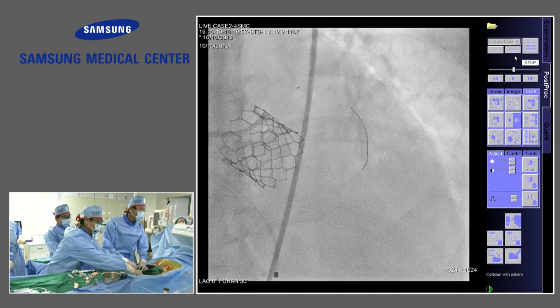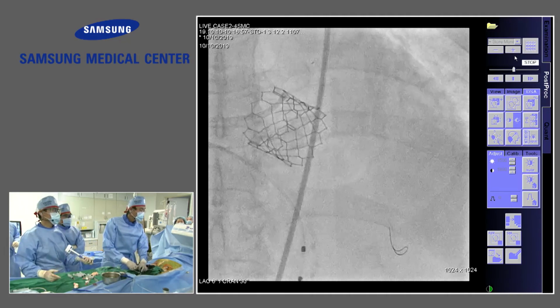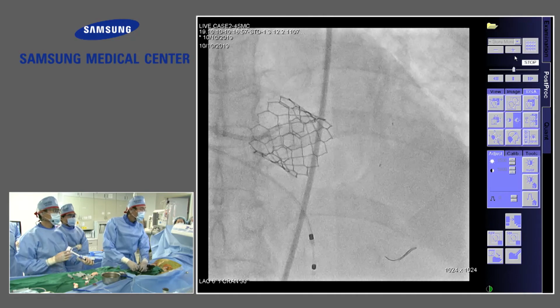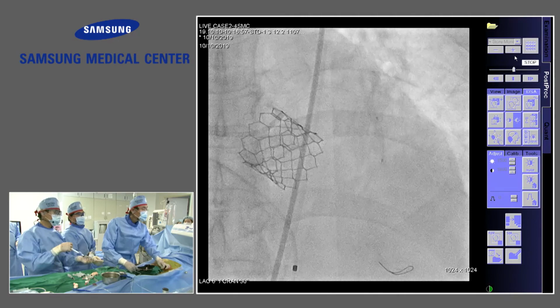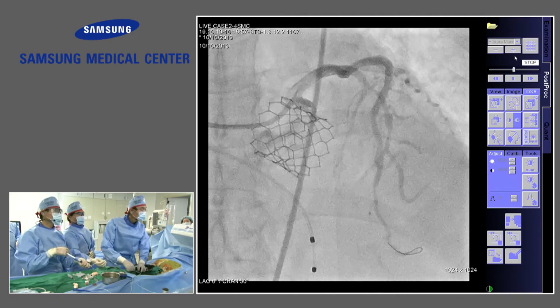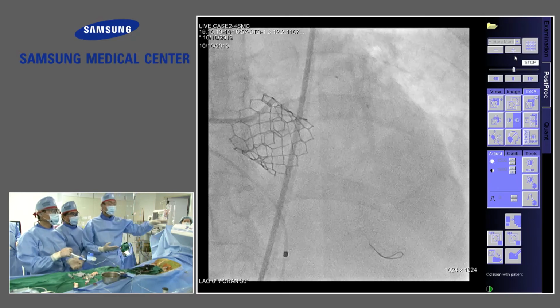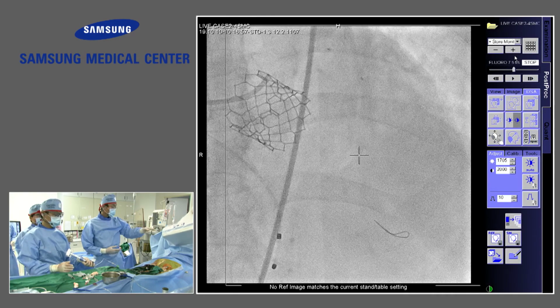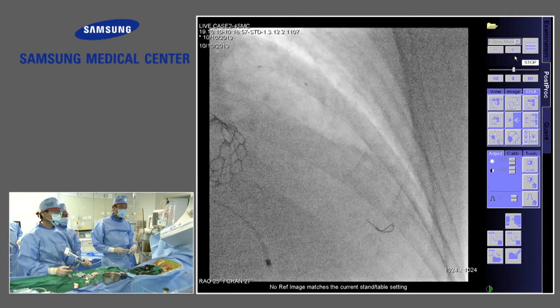Go on, you're not boring. I'm boring too. But while he's doing this, I think that a very important point that Gwon has put here, and this is compared to the previous live case of TAVI by Dr. Kim, is that in a case like this, which is not bicuspid and not heavily calcified, he did an oversizing with perfect results.